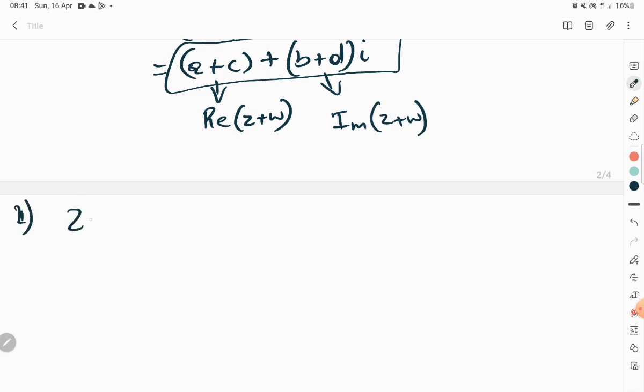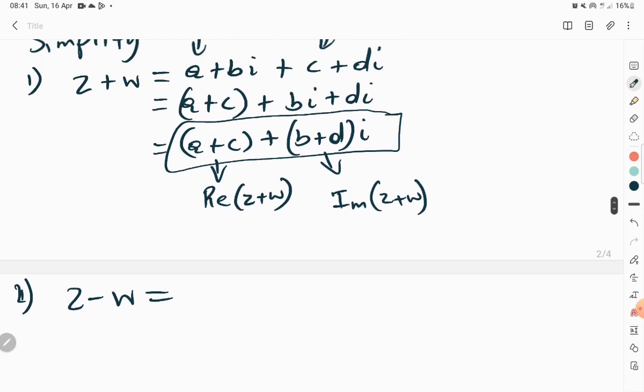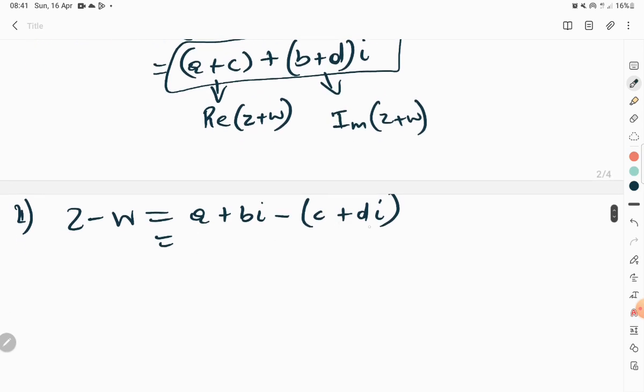It is also possible to subtract them. Let's say we have z minus w, then we have to simplify that. We know that z is a plus bi, then minus, and it is wise to put brackets when you're subtracting, c plus di. If you simplify this, you get rid of the brackets. Then you have a plus bi, minus c, minus di.